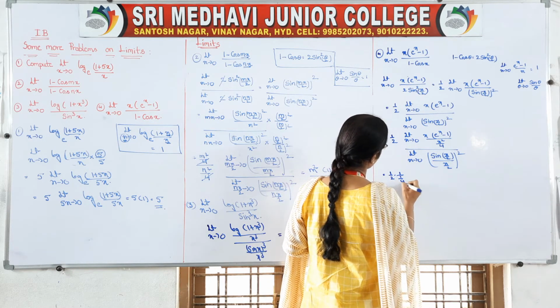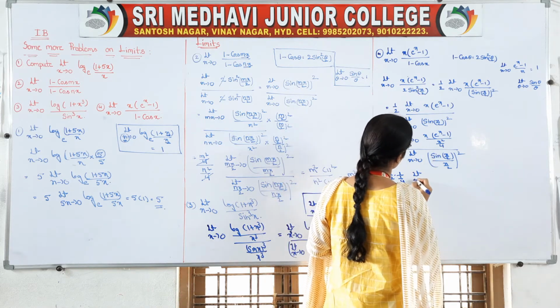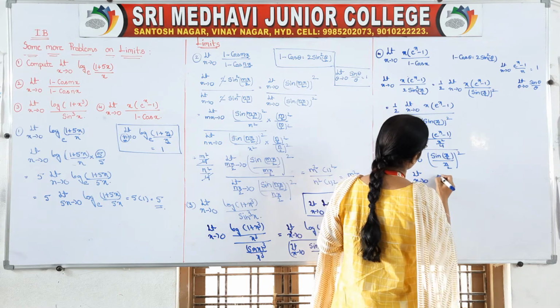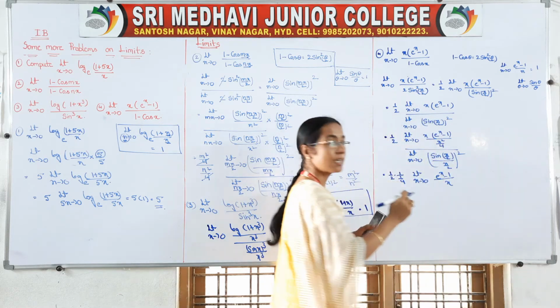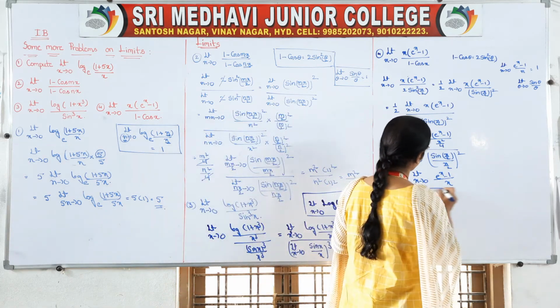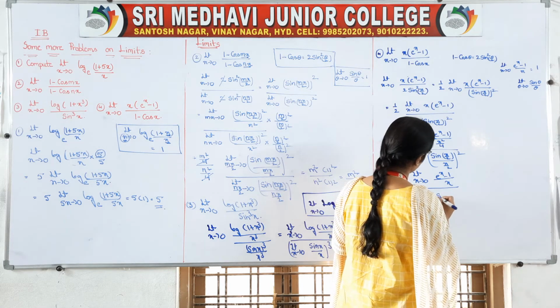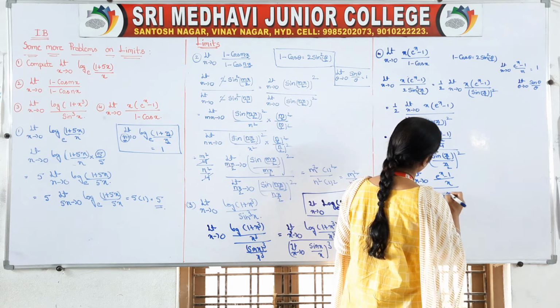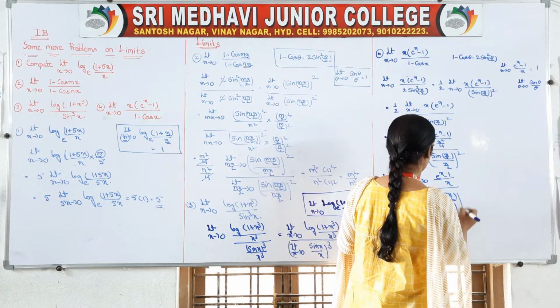Here 1 x will get cancelled, and bring this value outside: 1 by 2 into 1 by 4, right? Limit x tends to 0 e to the power of x minus 1 by x. 1 x gets cancelled and I have taken the constant outside. By, we can write this as limit x tends to 0 sin x by 2 by x by 2 whole square.